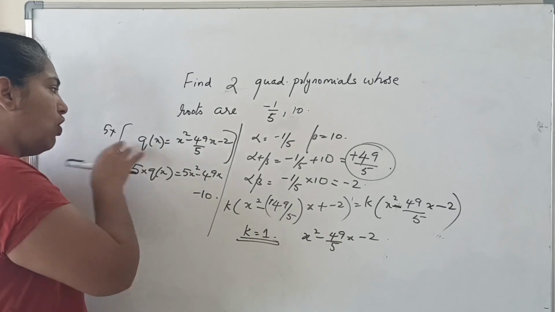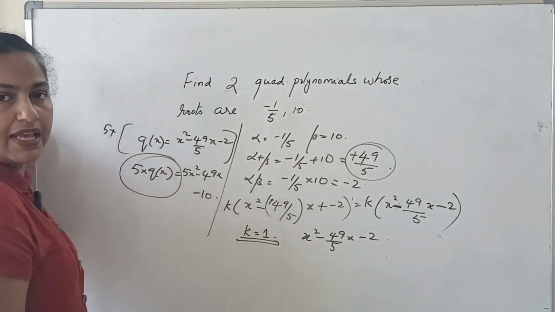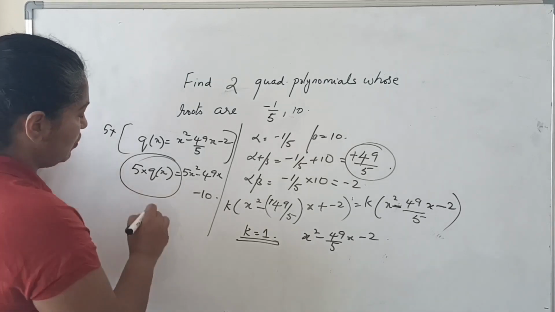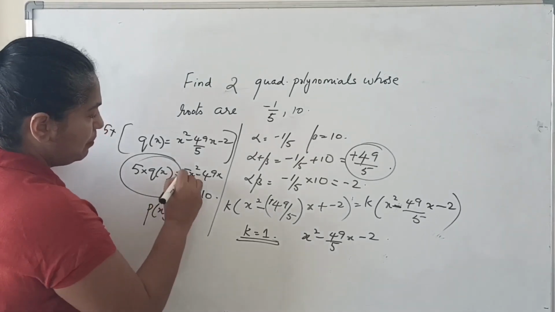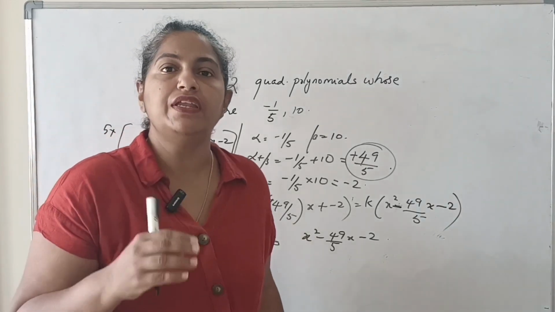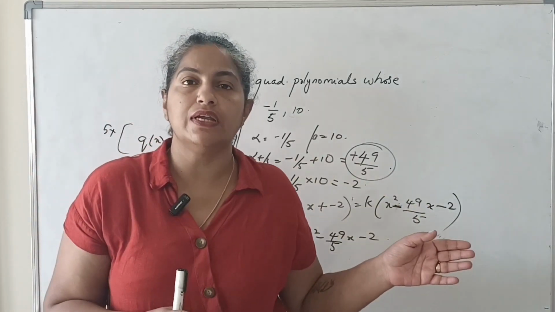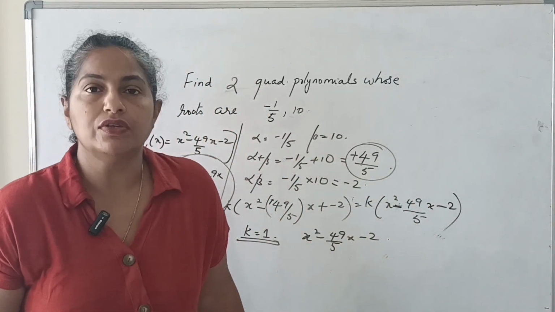I am multiplying all the terms on the LHS and on the RHS. This 5 into q of x is again a polynomial, so let me call it p of x. That is what happens when you have a fractional term in the polynomial and suddenly, when you look at the answer, the denominator is not there.